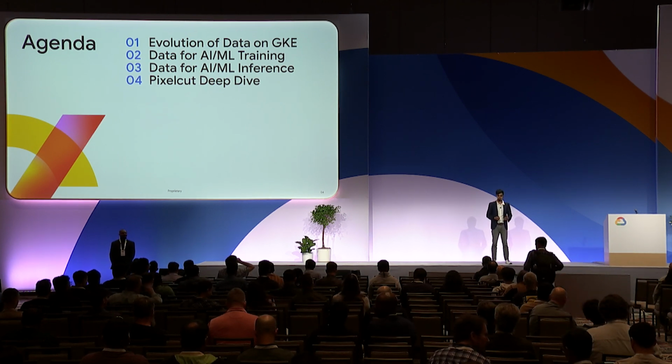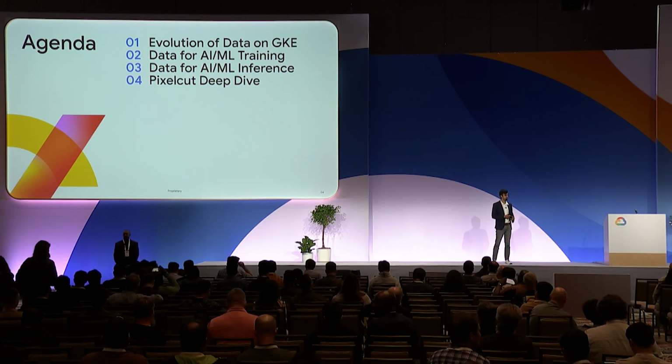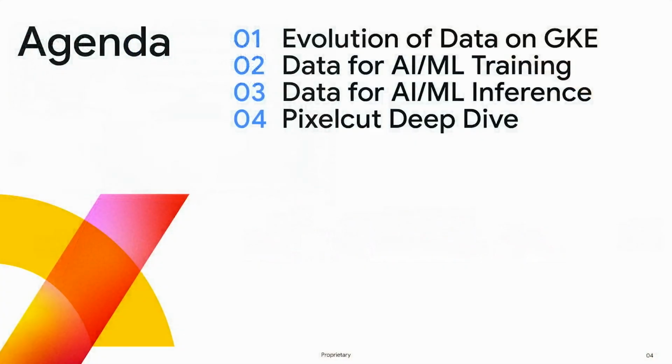We'll take a deep dive into the needs customers are sharing with us on AI/ML training and some potential solutions we have. Same case with AI/ML inference or serving. And then Prasanth will come up on stage, and you'll see how he's been able to implement it at Pixelcut and drive value with some of the solutions to his customers.